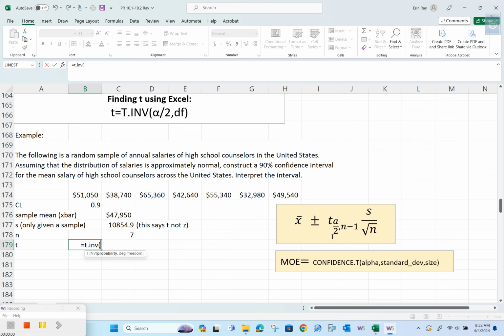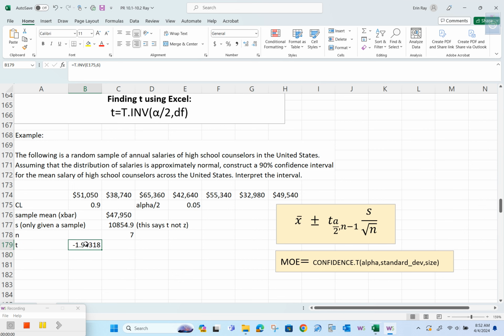And recall from last time, that corresponds to your confidence level. My confidence level was 0.9. So then alpha over 2 would be the leftovers, 0.1 over 2, so 0.05. So now my t inverse, I can put in that alpha over 2, and then n minus 1 is 6.